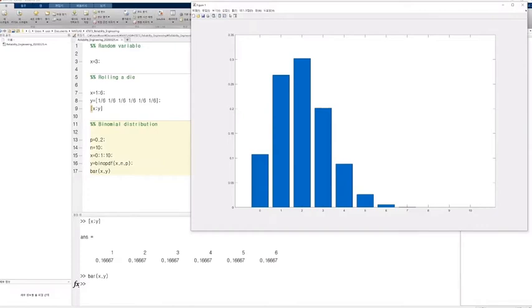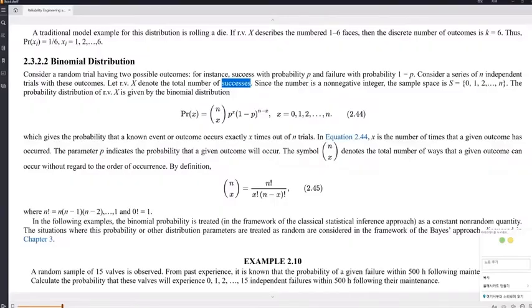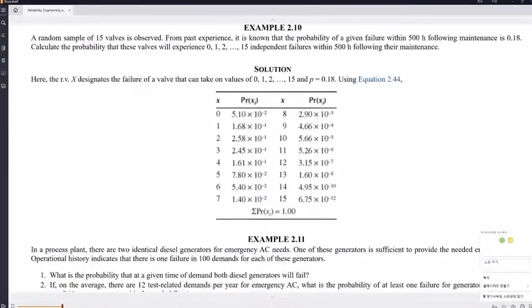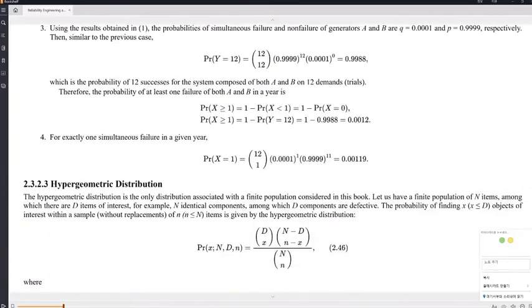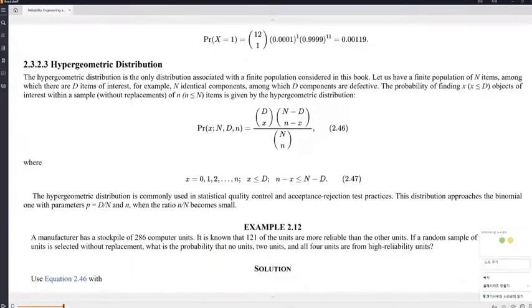So this is what is called the binomial distribution. Let's go back to our textbook. We have examples that you are able to study.